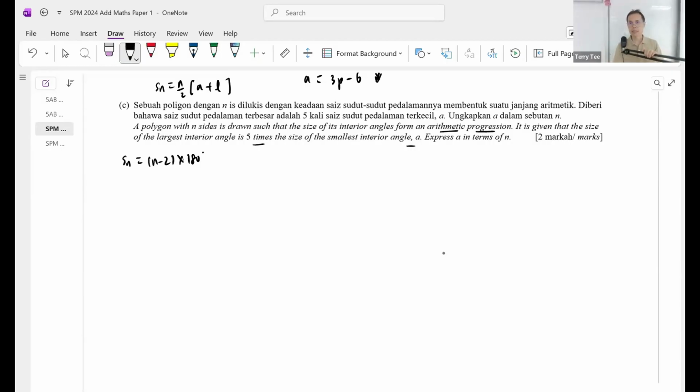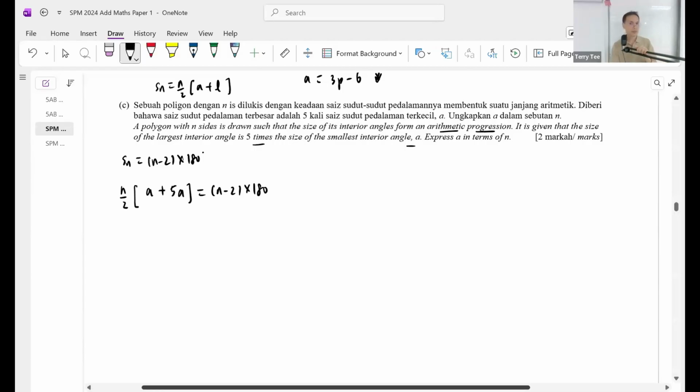I know my n over 2 bracket, my first term is a, my largest is 5 times the smallest. The result is n minus 2 times 180. So what are we finding? We're finding a in terms of n. We're almost there because we just have to rearrange the equation.